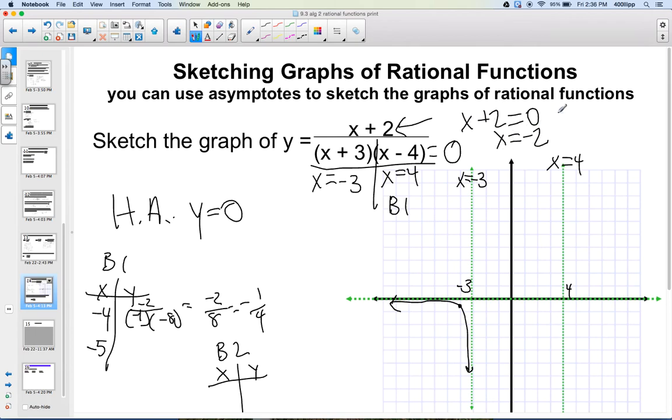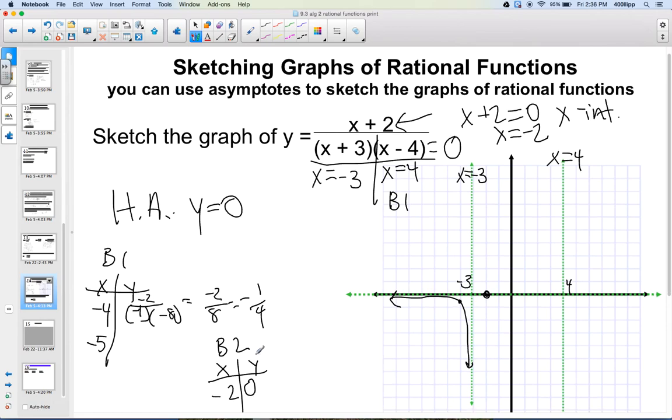So this is going to be our x-intercept. So we already know we're going to cross at -2. And these asymptotes are only for certain branches.